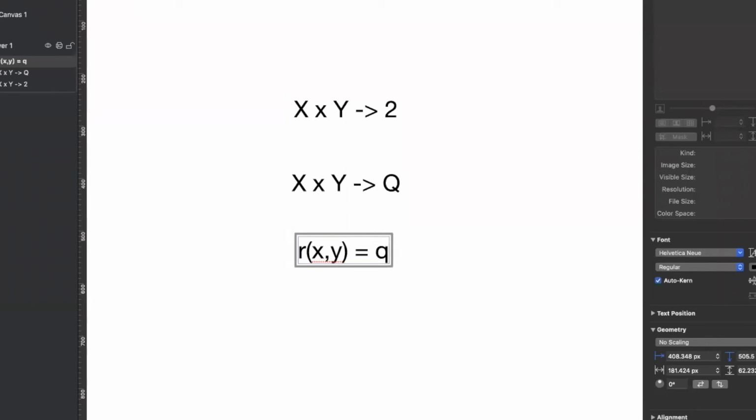All right. But now here's the trick. The trick is that in the same way that power set is Kleisli to Rel, this other kind of power set, the Q power set, is going to be Kleisli to Q relations.